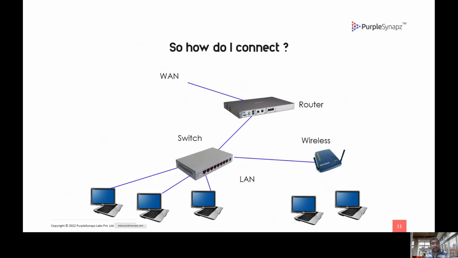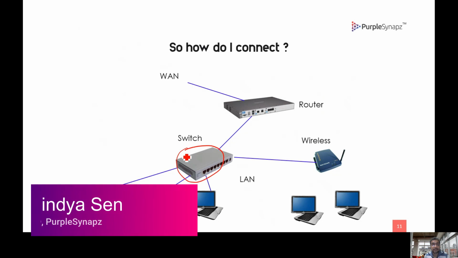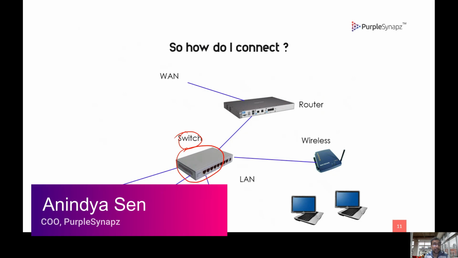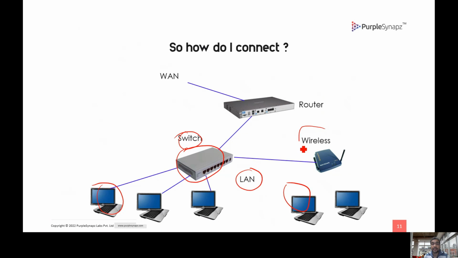When it translates back to the actual devices, this is the switch, which is connected in the local area network. The media can be wireless or wired, and then it goes to a router and it goes to a WAN.